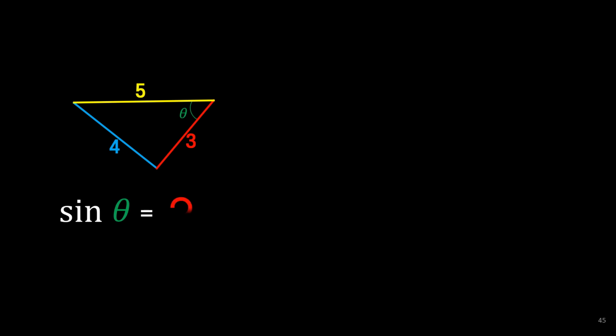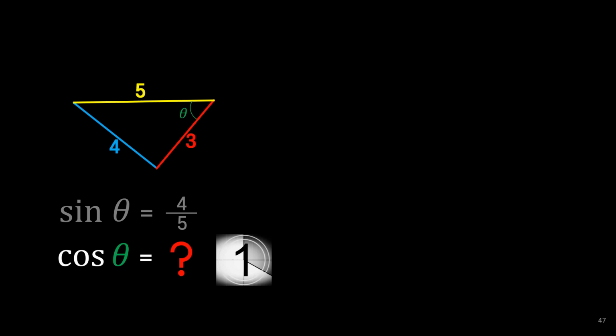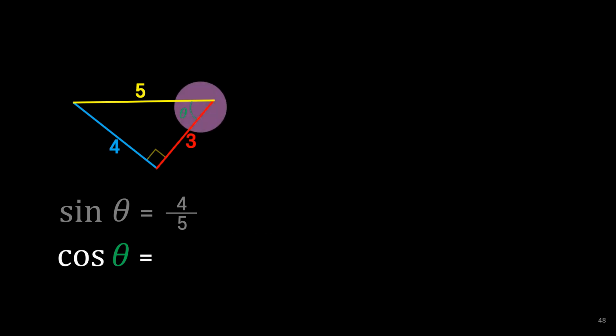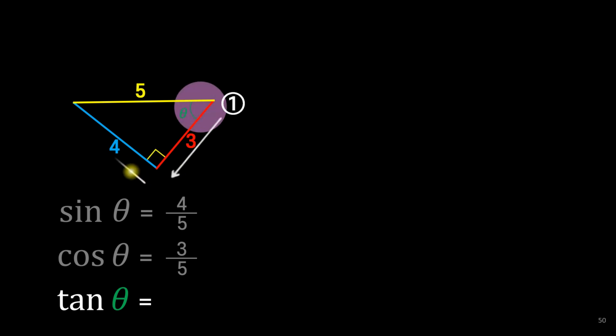Next. Climb up the slope, go down the height, 5, 4. Next. Go down the slope, follow the base, 5, 3. Next. Walk along the base, go up along the height, 3, 4. Next.